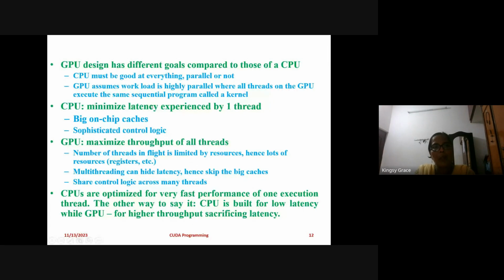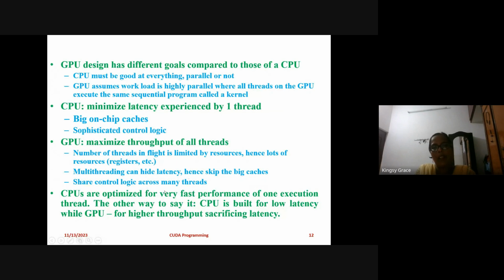In the CPU, because of the single thread, the latency is minimized. It has bigger caches and sophisticated control logic. The GPU maximizes throughput with the help of threads, and a lot of resources, registers, everything are available.